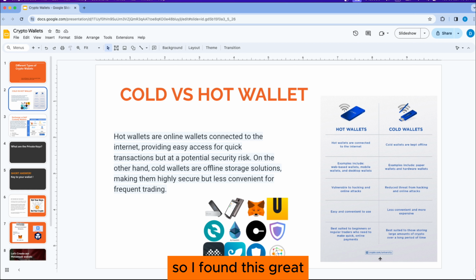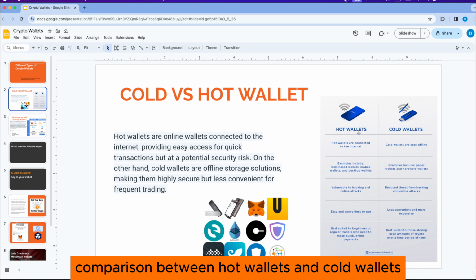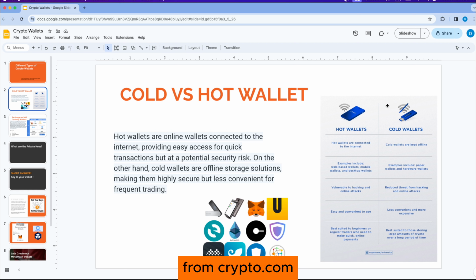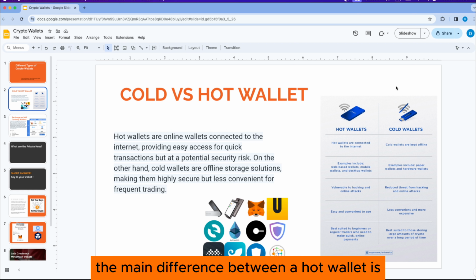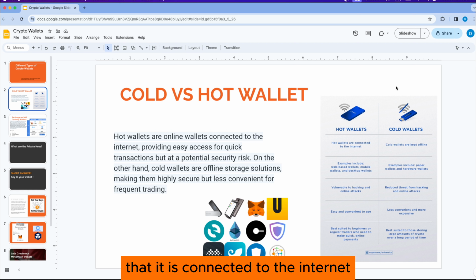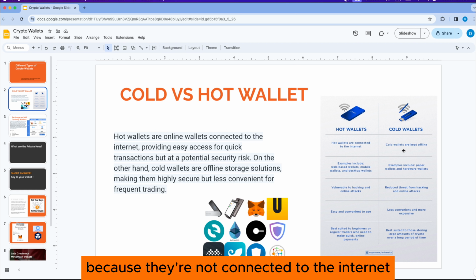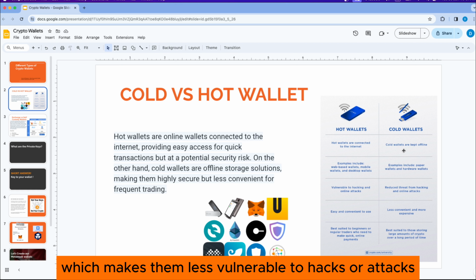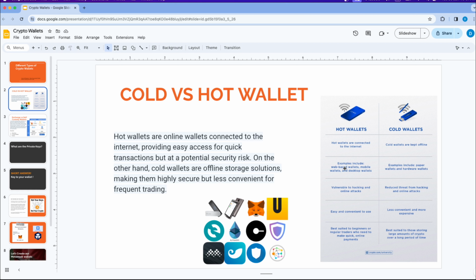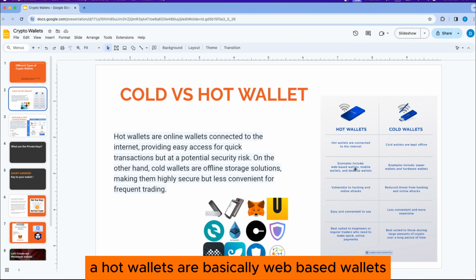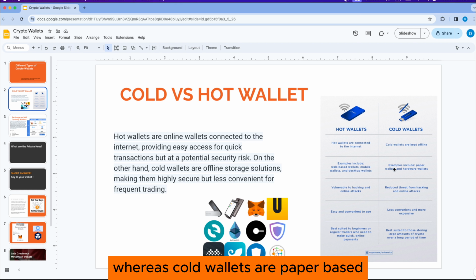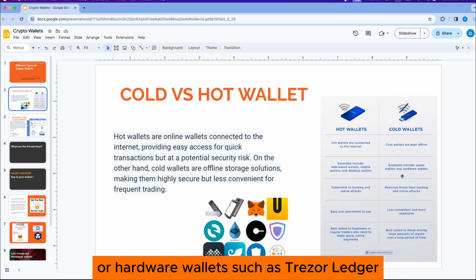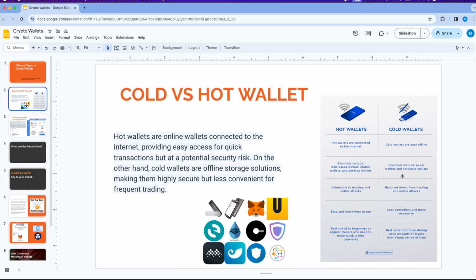So I found this great comparison between hot wallets and cold wallets from crypto.com. The main difference is that a hot wallet is connected to the internet, whereas cold wallets are kept offline, which makes them highly secure and less vulnerable to hacks or attacks. Hot wallets are basically web-based wallets. These can be mobile wallets or desktop wallets, whereas cold wallets are paper-based or hardware wallets, such as Trezor and Ledger.